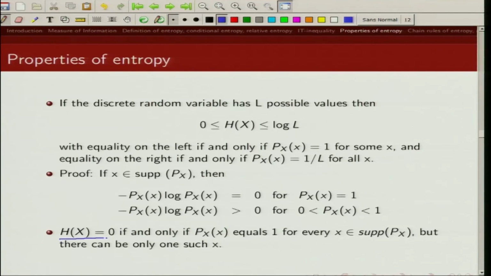So entropy will be 0 if and only if p of x is equal to 1 for every x belonging to the support set of p of x, but there can be only one such x. For all other values of x, p of x should be 0. Now let us prove the other part, which is H of X is less than or equal to log of L.